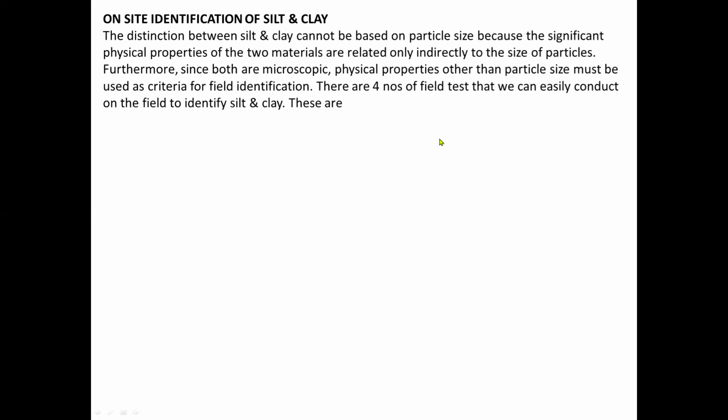There are four field tests that we can easily conduct in the field to identify silt and clay, and these are the following: dry strength, the dilatancy or shaking test, toughness or plasticity, and dispersion.